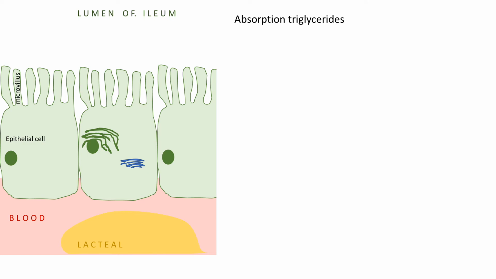So we've got our image of the epithelial cells with the microvilli, and they provide a large surface area over which absorption can occur. We've got our micelles, we've discussed those.